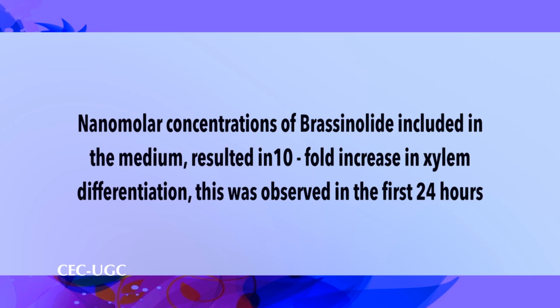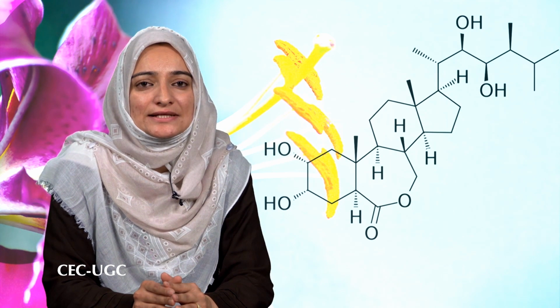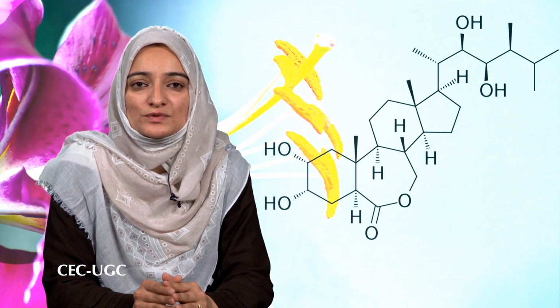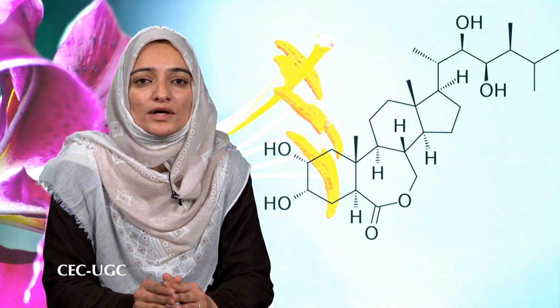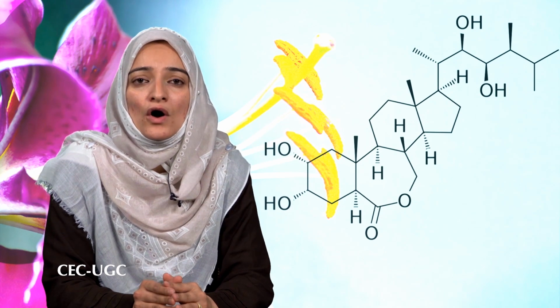However, nanomolar concentrations of brassinolide included in the medium resulted in a 10-fold increase in xylem differentiation. This was observed in the first 24 hours. Also, significant increases in cell numbers were observed, indicating a role for brassinosteroids in cell division and differentiation.